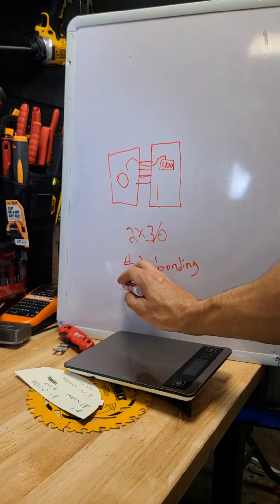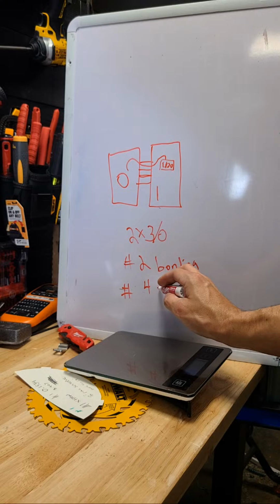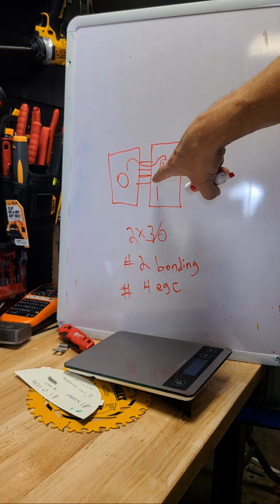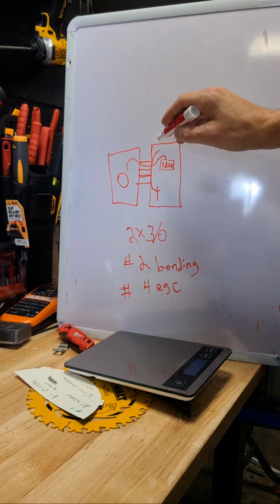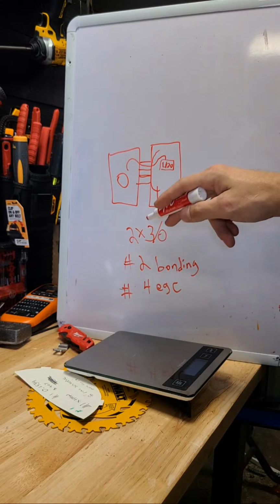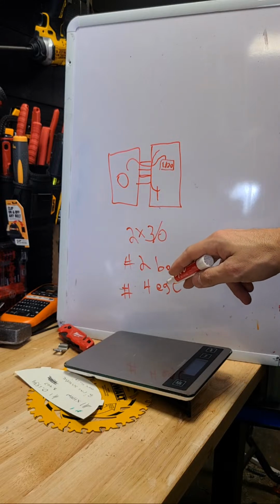And they ran a number 4 actually for the EGC. So when they came up here to bond these bushings, they ran number 2. And it was kind of funny because he didn't know why. I'm going to show you where you get this number from.